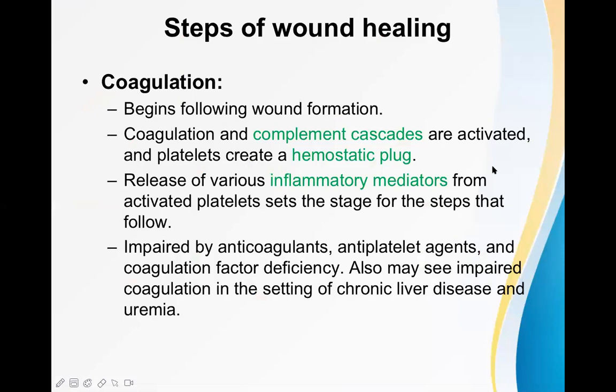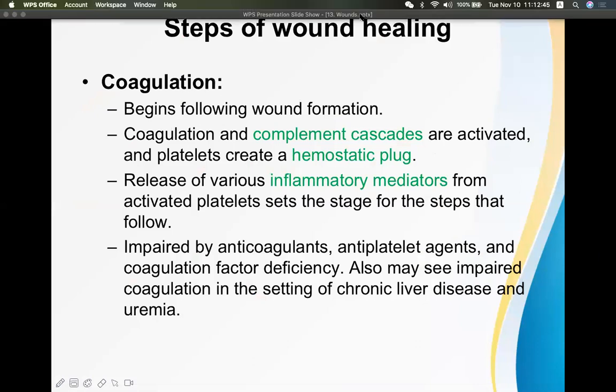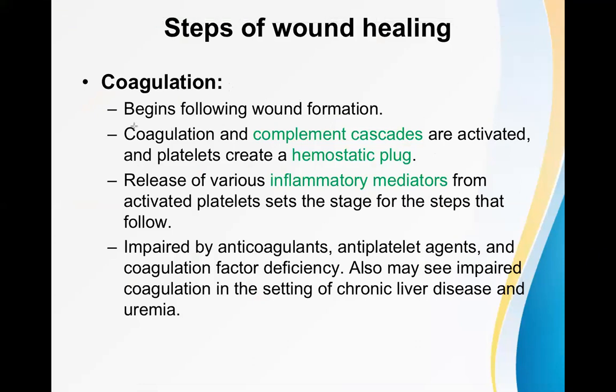Now let's elaborate these steps one after the other. The first step is coagulation. This coagulation begins following wound formation. Definitely, whenever there is a cut, whenever there is trauma in any part of our body, the first thing is hemostasis.